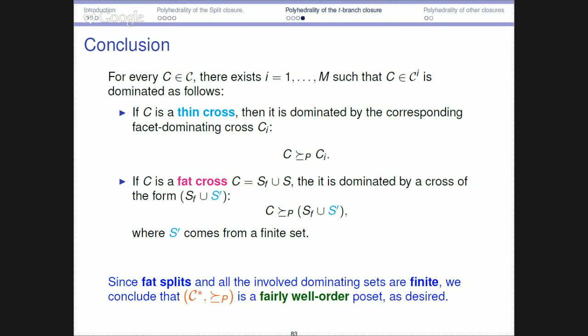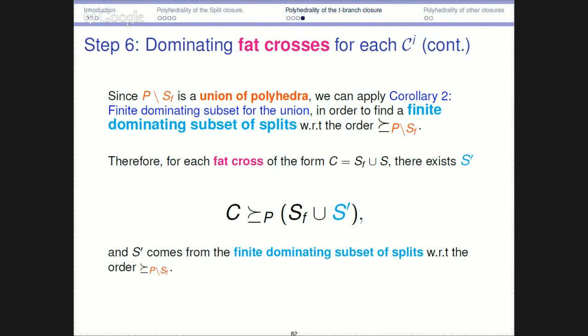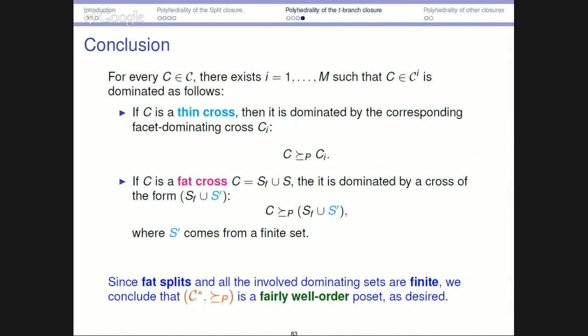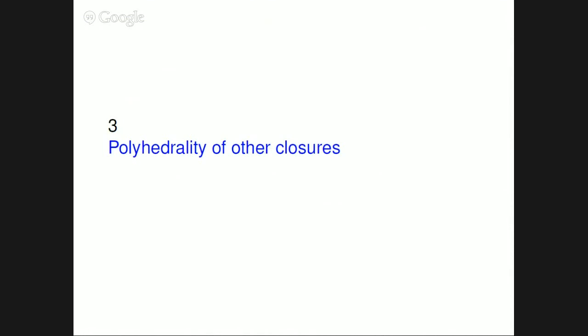And this also comes from a finite set. So, summary, every cross is dominated by either Ci or a cross of this form that comes from a finite set, because fattest splits are finite, and this S-prime was proven to be finite by the dominating subset for the union corollary. So this is how you dominate all crosses. And every cross is dominated by just one. That's the important thing. Okay, so this is the result.